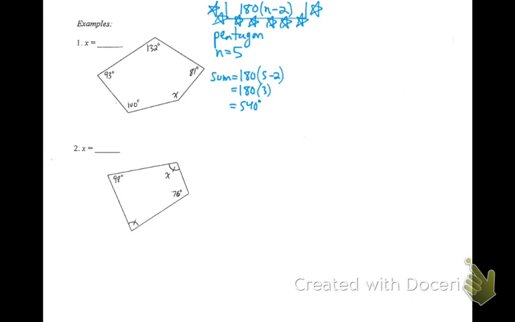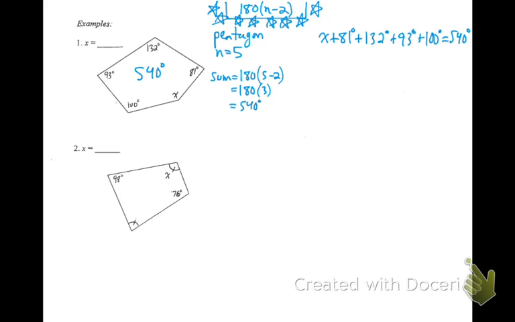So since the sum of the interior angles is 540 degrees, I can now take all of those angles and add them up, make them equal to 540 degrees to solve for x. So I can write x plus 81 degrees plus 132 degrees plus 93 degrees plus 100 degrees all makes 540 degrees.